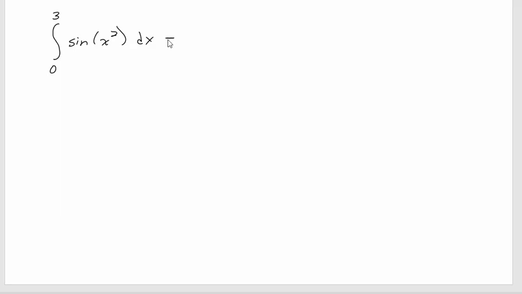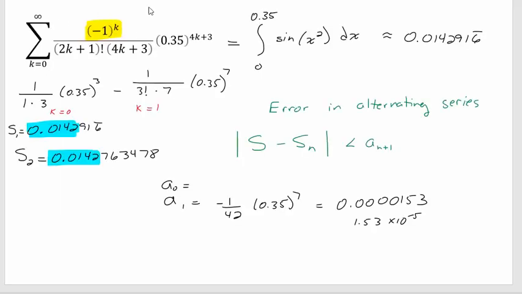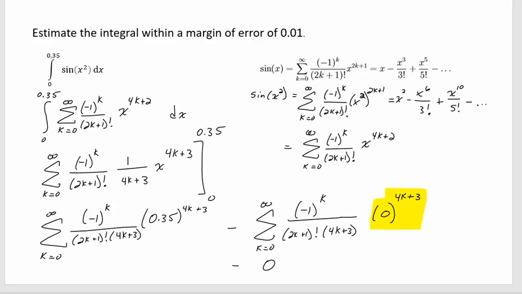Well, we already figured out this summation right here. And remember how we got this summation with this 0.35: we plugged in the upper bound. So let's go back here and say, what if I wasn't plugging in 0.35? What if I was just going to say b, some random value of b.